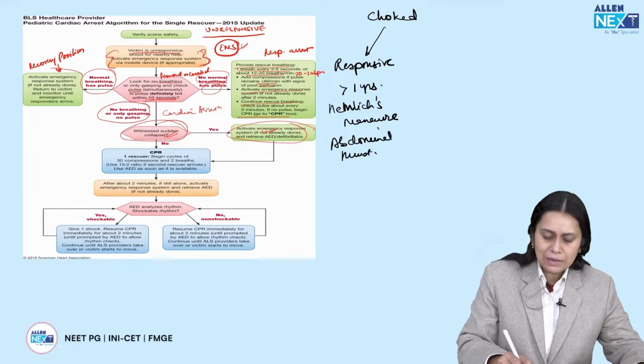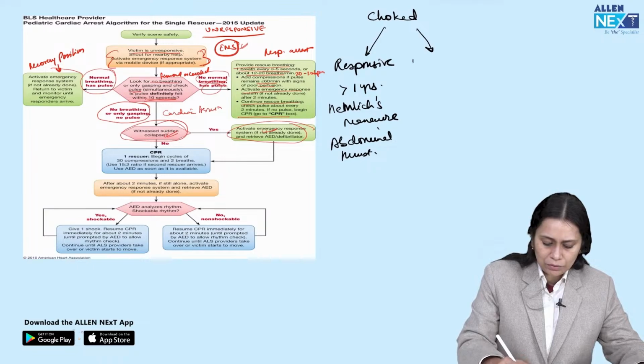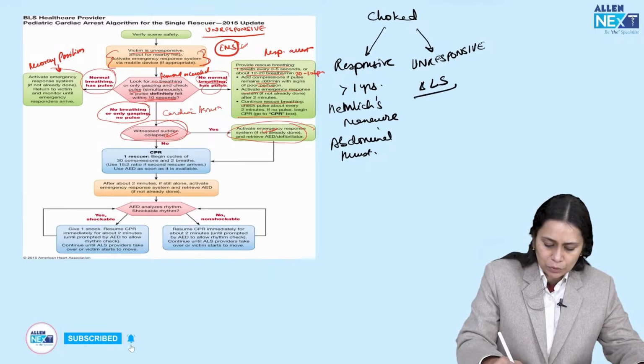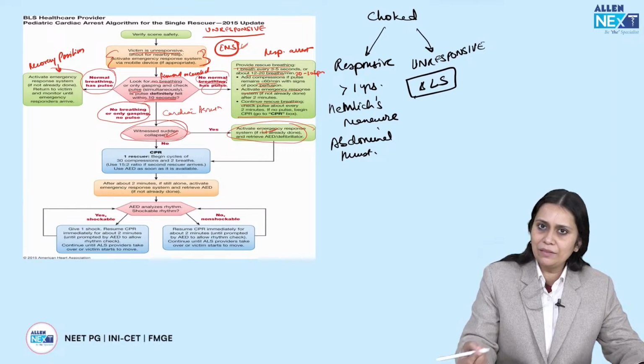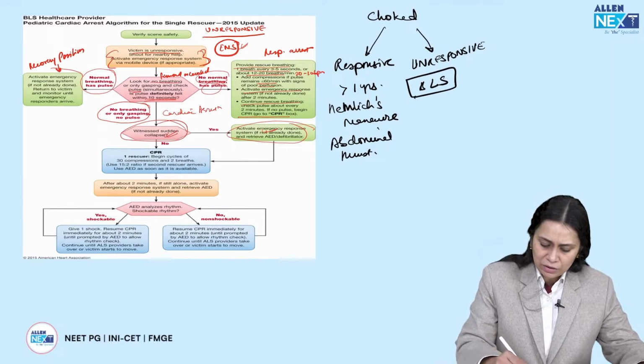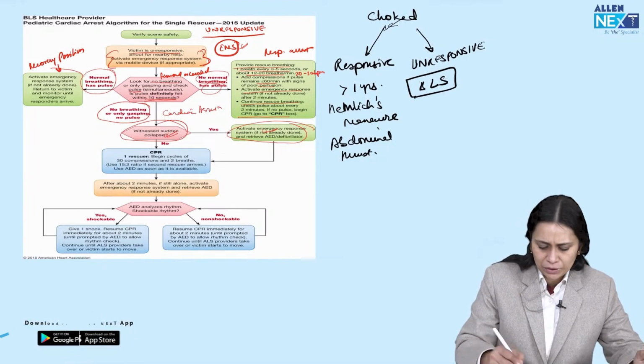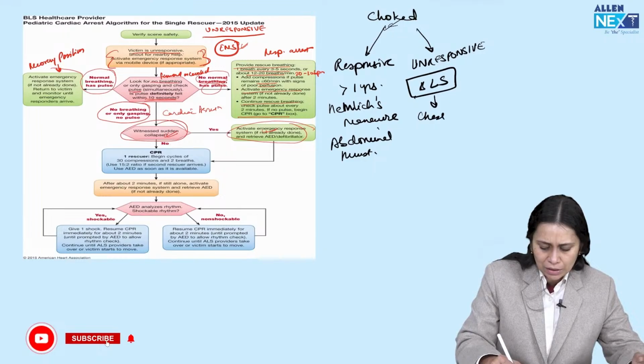And if the person is unresponsive, then we go for basic life support. In case of a choked victim who is unresponsive, we immediately go for basic life support. We don't even check for the pulse and breathing. We start with chest compression.